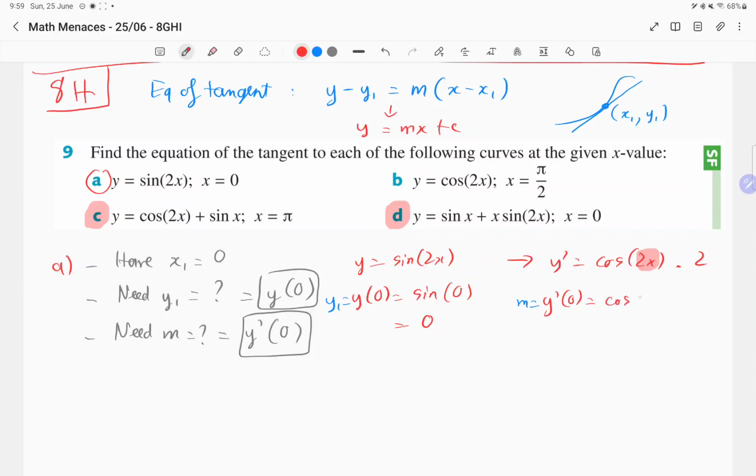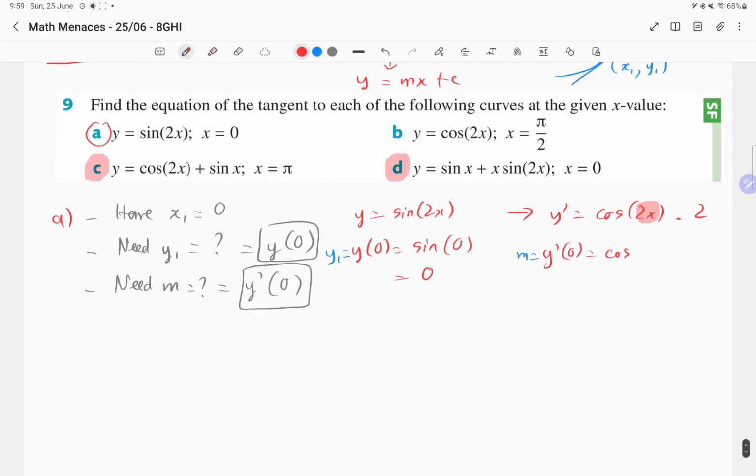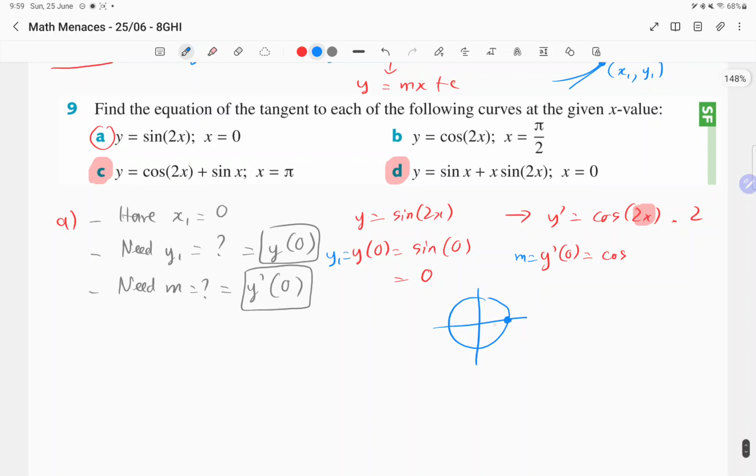Sine of 0 is 1? Sine 0 is 0. I thought it was 1. It is 0. Why is that 0? Because 0 degrees means the angle always starts from the positive x-axis, right? 0 degrees means you move nowhere.